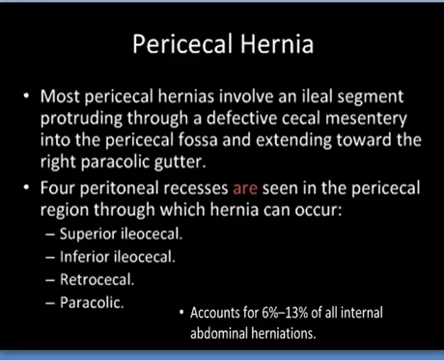Four peritoneal recesses are seen in the pericecal region through which the hernia can occur: superior ileocecal, inferior ileocecal, retrocecal, and paracecal. And these account for up to 13% of the internal hernias of the abdomen.